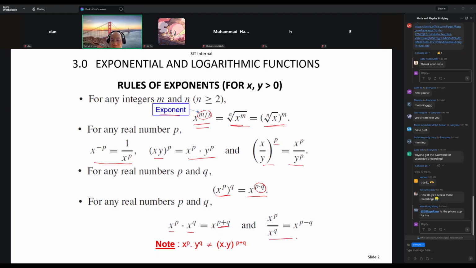And then you have this division: x to the power of p over x to the power of q is x to the power of p minus q. I hope I'm refreshing your memory. It is very important that when you have x to the power of p times y to the power of q, that is not the same as (xy) to the power of p plus q, because the bases have to be the same.